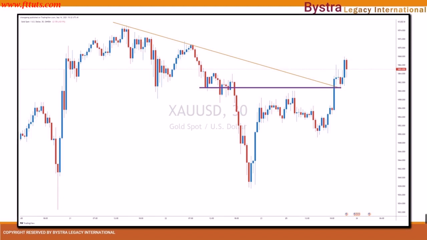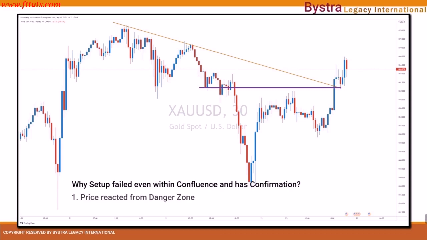Remember guys, when the price reacts from a danger zone, there is a reason why it is named a danger zone. Once it has reacted from a danger zone, any setup that you have, any perfection within the confluence, any confirmation, will become very high risk. So here I'm going to mark it one more time.